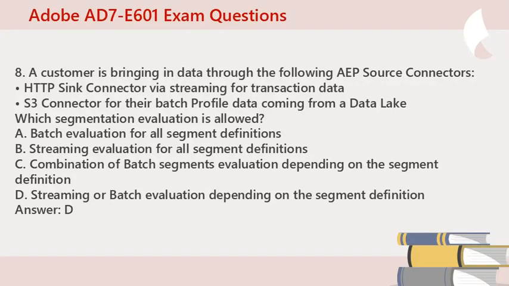A. Batch evaluation for all segment definitions. B. Streaming evaluation for all segment definitions. C. Combination of batch segments evaluation depending on the segment definition. D. Streaming or batch evaluation depending on the segment definition. Answer: D.